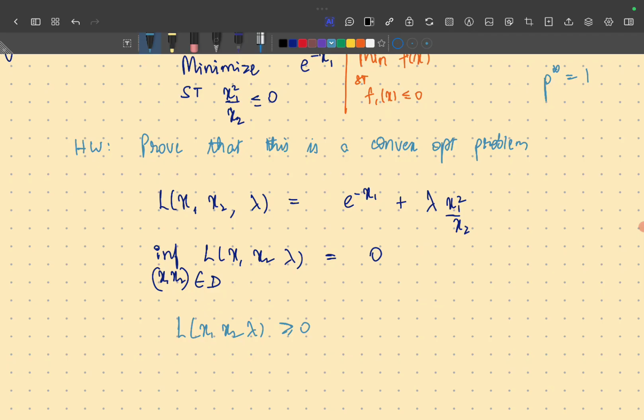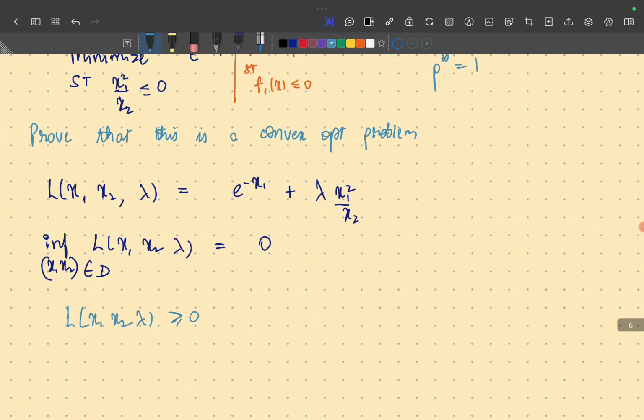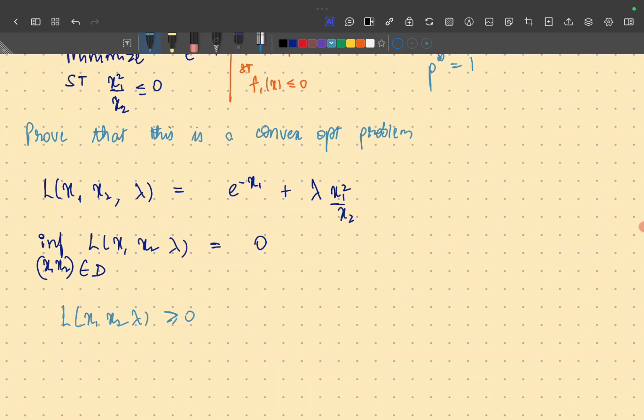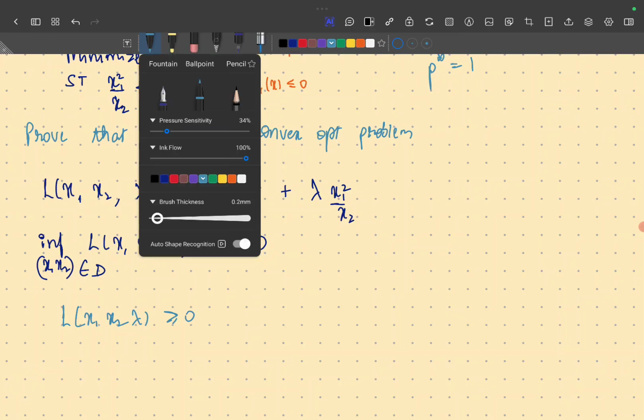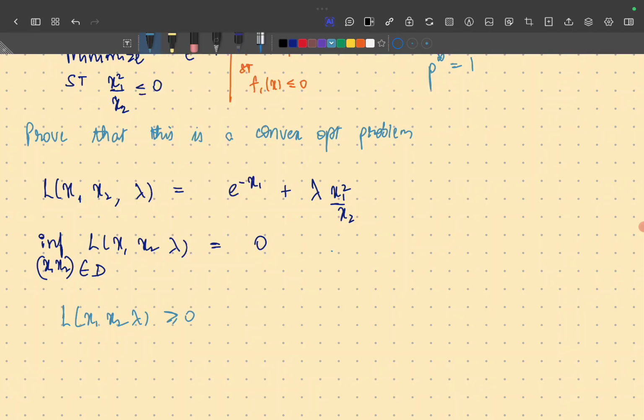So if I can show that the infimum is less than or equal to 0, then I'm done. Now let's take x1 to be equal to some t and x2 to be equal to t cube.